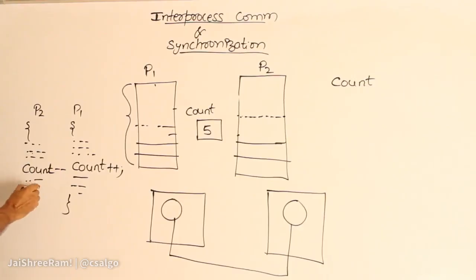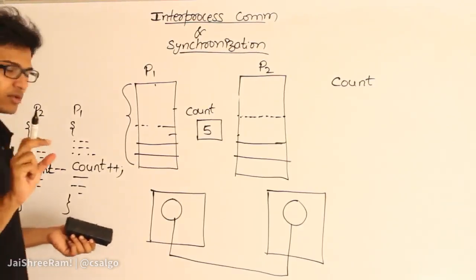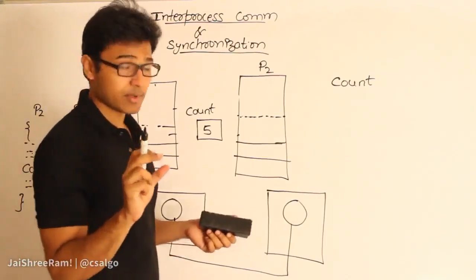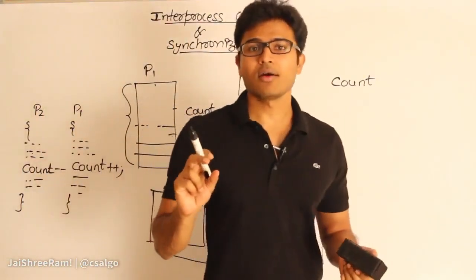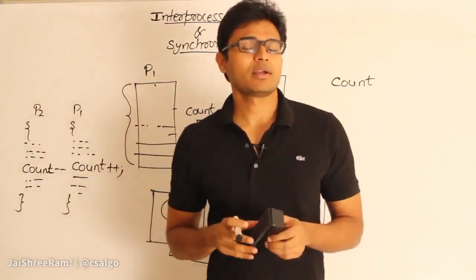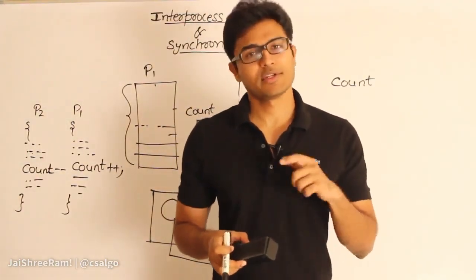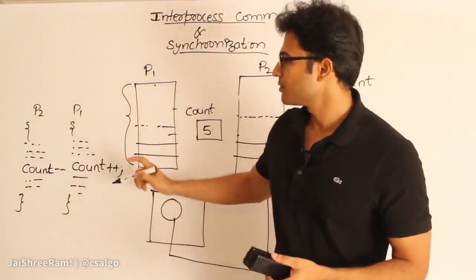See, now the entire program they will not access the shared memory, only some part of the program they are going to access the shared memory or some variable or some resource. That part is called the critical section. So we shall see about it later. First let me finish this example.